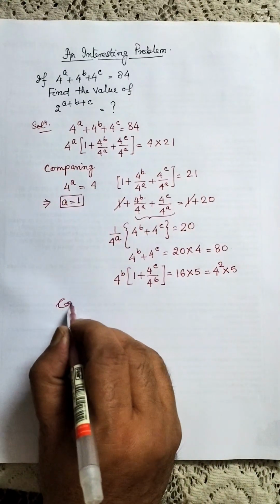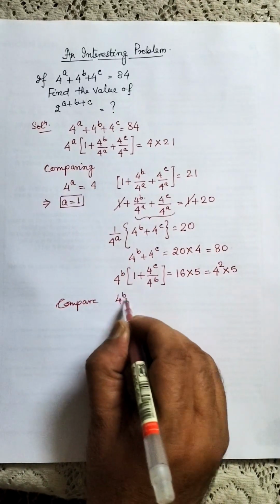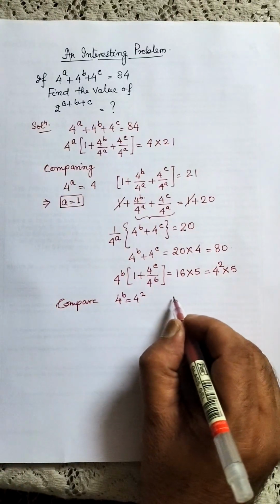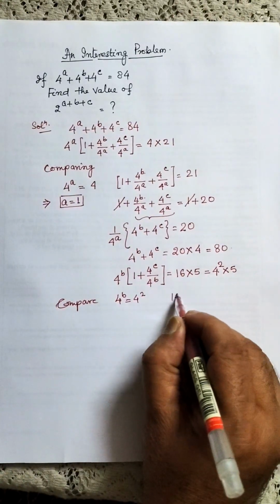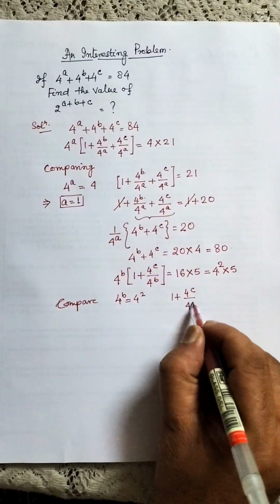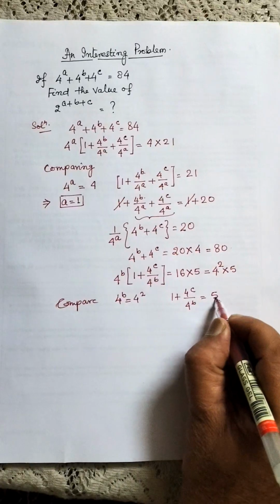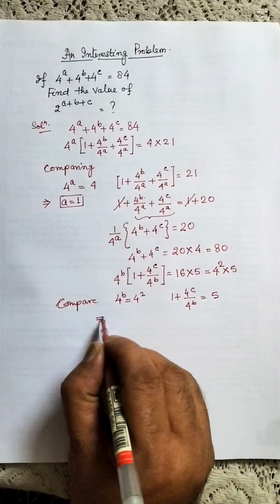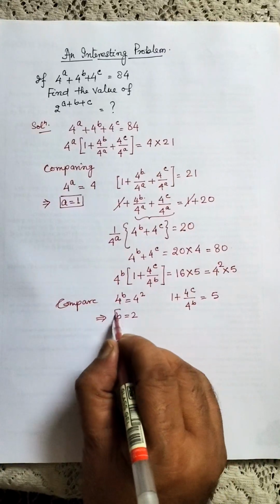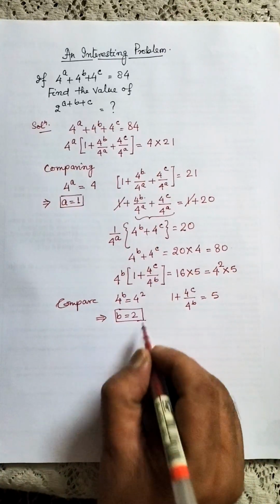Once again, let us compare 4 to the power of b to 4 square, and 1 plus 4 to the power of c upon 4 to the power of b to 5. This will imply that b is equal to 2. So thus we get the value of b here.